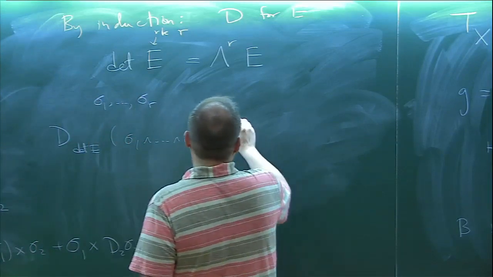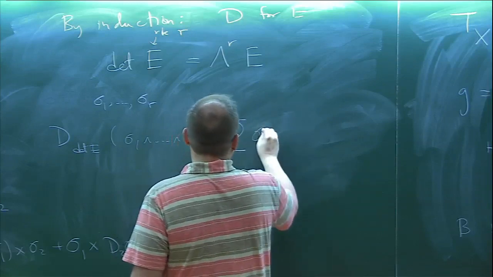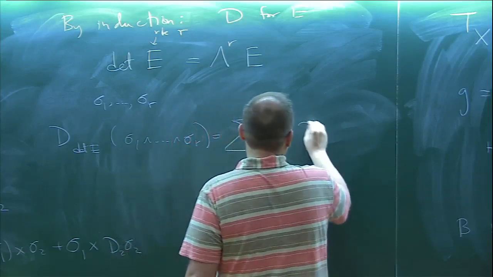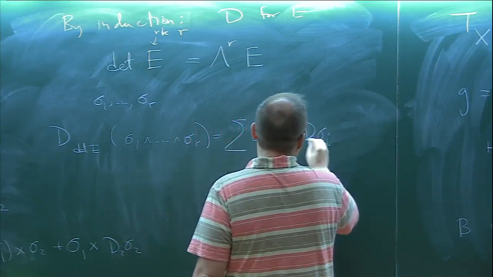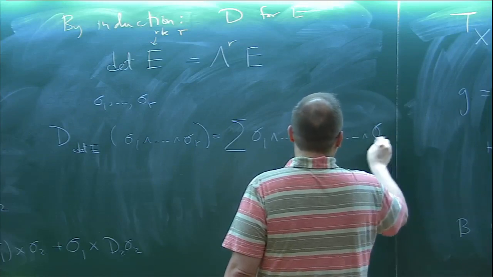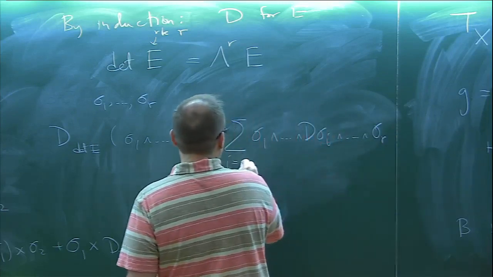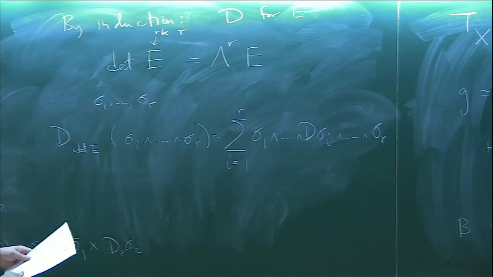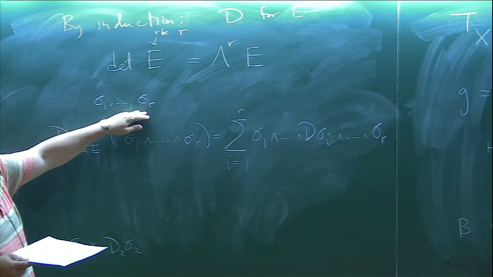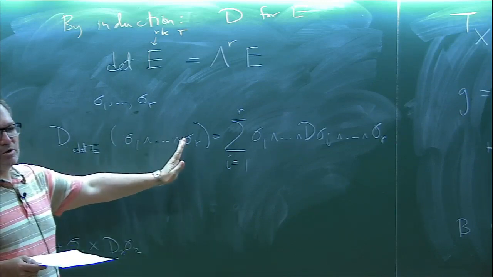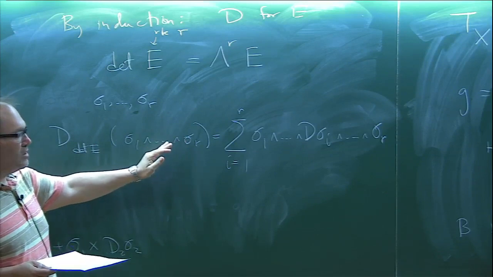That's going to be the sum, sigma 1 wedge, D sigma I, wedge sigma R, I going from 1 to R. So of course, if these sections are not independent, then this quantity is going to be 0. So the only time you get something non-zero is if they are independent.